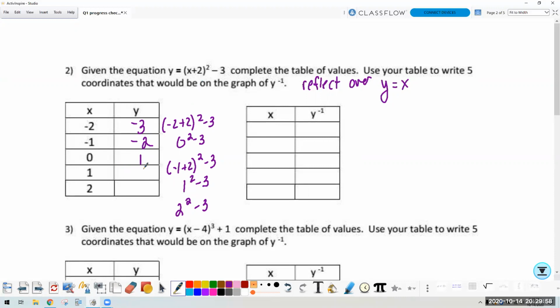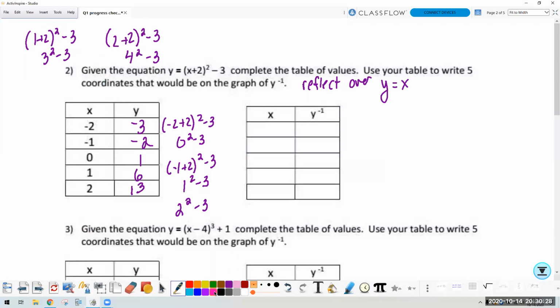So 4 minus 3 is 1. One plus 2 squared, so that's 3 squared minus 3, so 9 minus 3. And then I substitute in the 2. That's 16 minus 3. And I have my 5 coordinates.